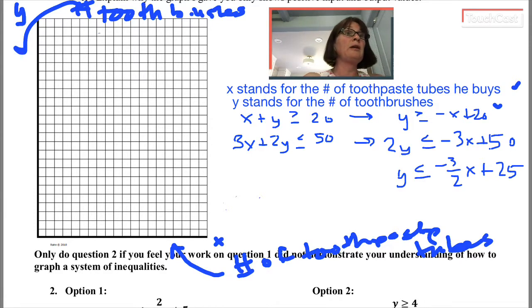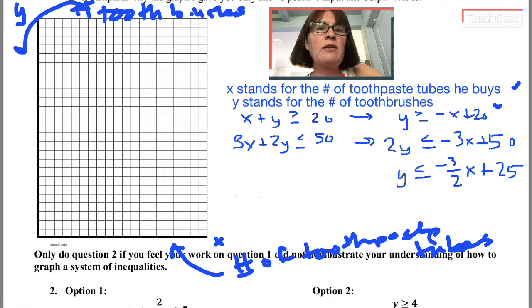Now I need to choose units for my axes. If I'm looking ahead, I see that one line is going to have a y-intercept of 20. My other line is going to have a y-intercept of 25. You might find that if you counted by 2's, so I'm going to count by 4's and skip a spot. 2, 4, 6, 8, 10, 12, 14, 16, 18, 20, 24.